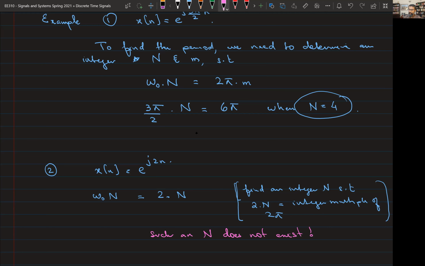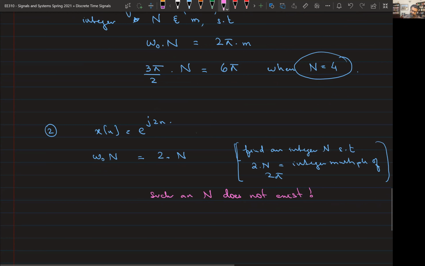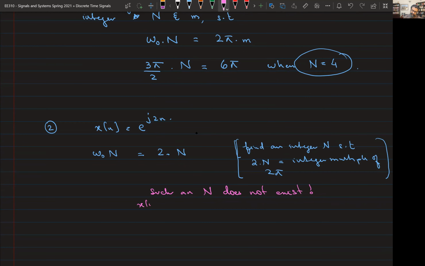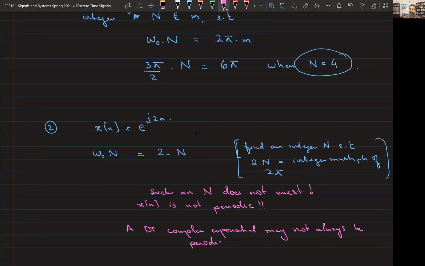And if such an n does not exist, that means x of n is not periodic. The important conclusion is that a discrete time complex exponential may not always be periodic. That's the final factor, how it's different than a continuous time case.